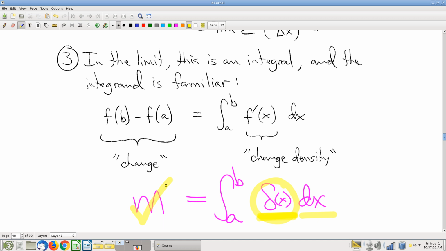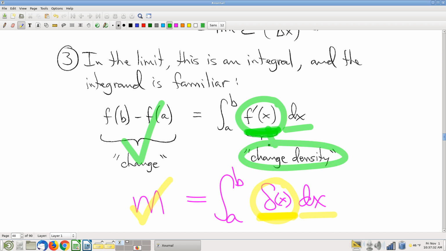Well, look, hey, just following the pattern, right? By analogy, this thing is the thing that I multiply by size in a computation of change. So if you're going to call that mass density, I think it's a modest proposal that we should call the derivative change density. And I know it's weird.